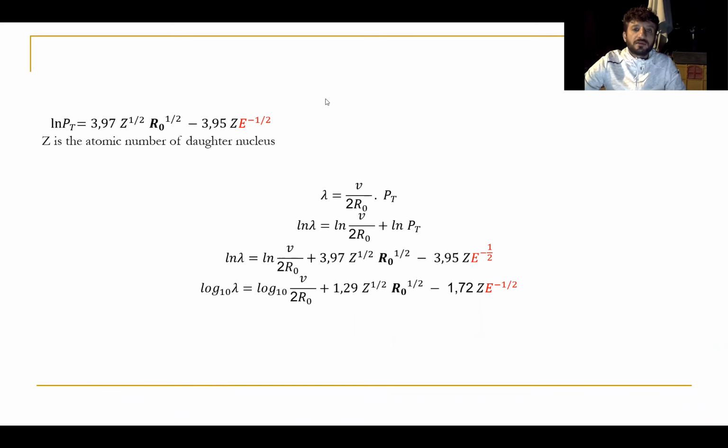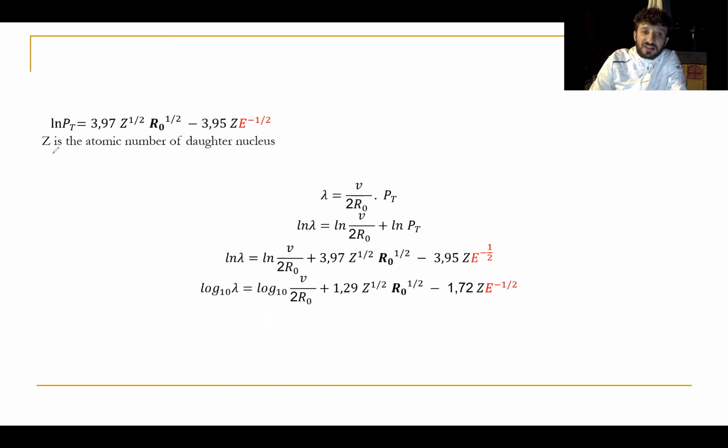We get finally ln PT equals 3.97 Z to the half R0 to the half minus 3.95 Z E to the power minus half.